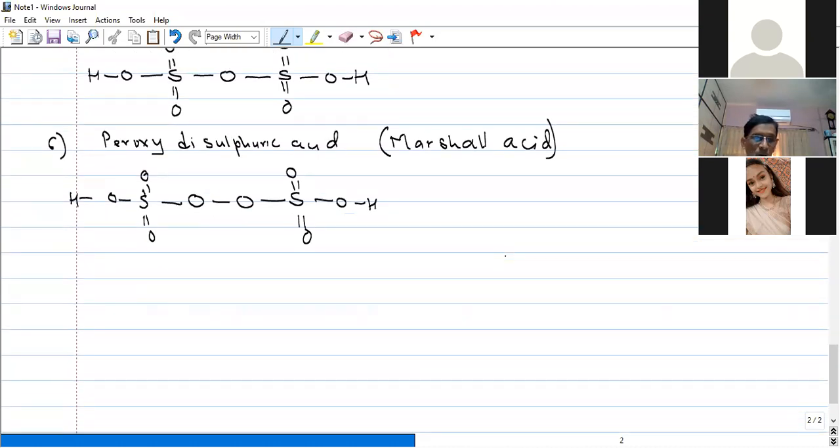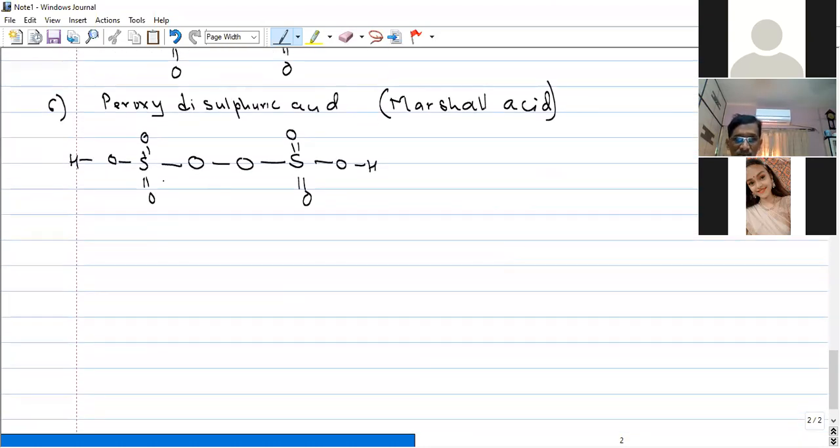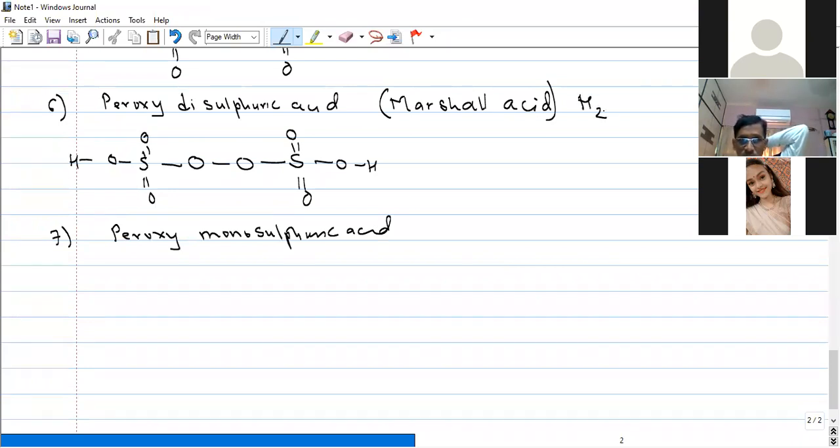Next, peroxymonosulfuric acid. Formula: H2SO5.